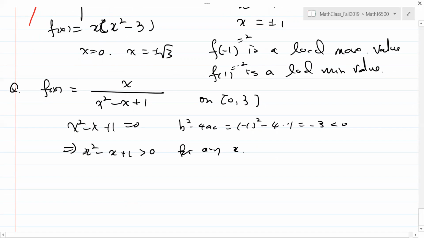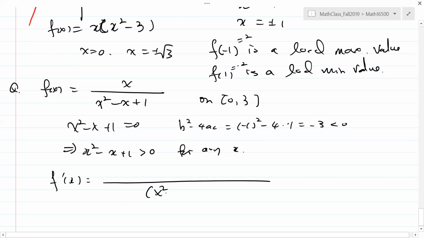In order to find the absolute maximum value, we just need to find the value of the function at the endpoints, and the value of the function at the critical numbers. So we have to find the critical number if any.